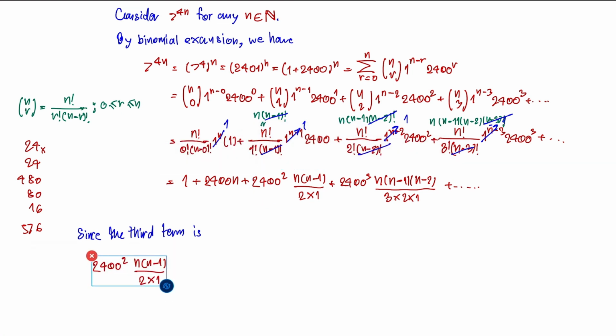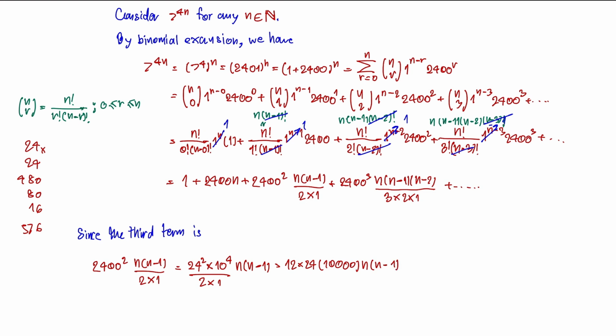So we will have 24 squared times 10 to the 4, divided by 2 times 1, times n times (n minus 1). So it becomes 12 times 24 times 10,000, and n times (n minus 1).